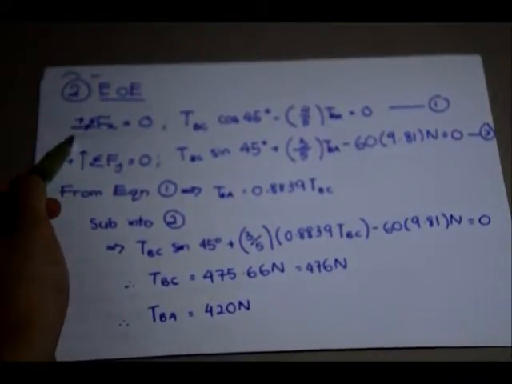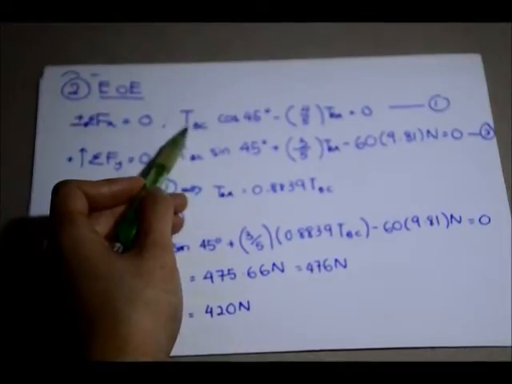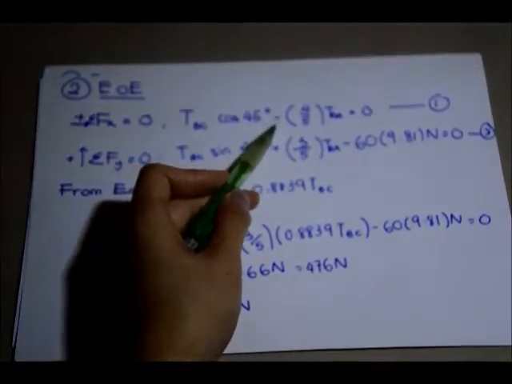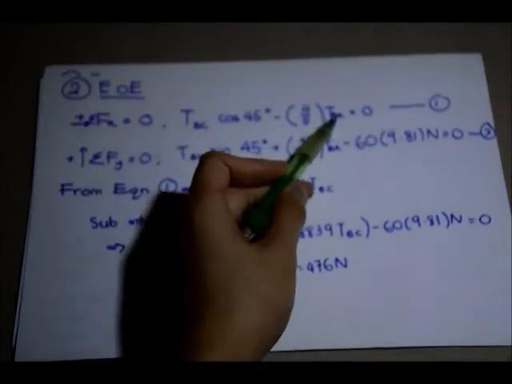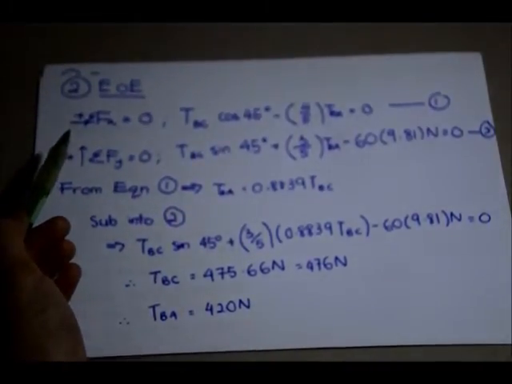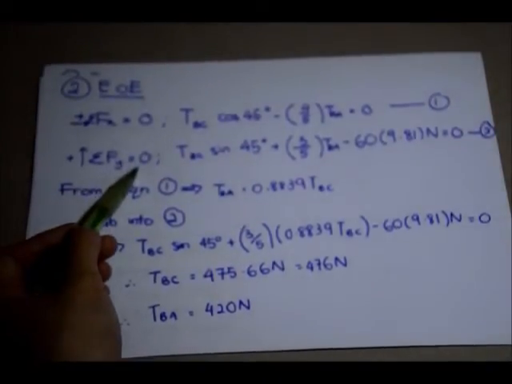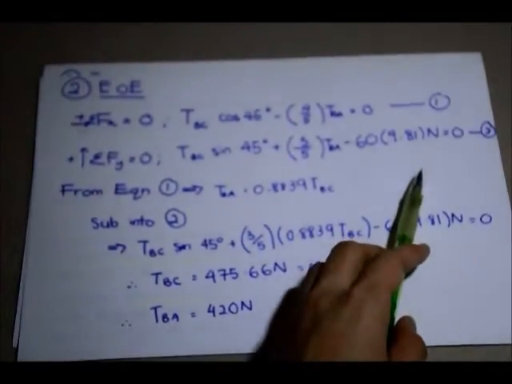Therefore, the first equation is TBC cos 45 minus 4 over 5 TBA equals 0. Next, we have the equation of forces in the y-axis, which is equal to 0. And this is the equation.